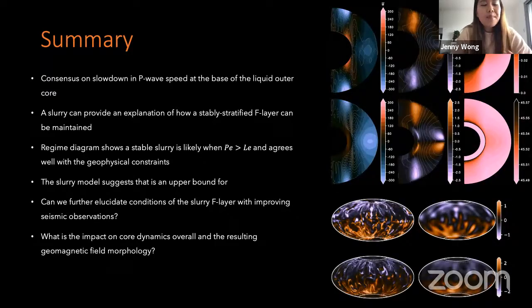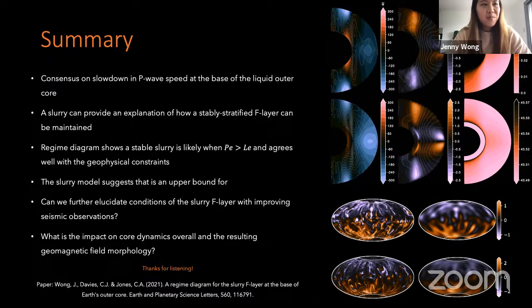And what impact does a stably stratified F layer have on core dynamics overall and the resulting field morphology of the geomagnetic field, which is the subject of the work that I did at IPGP Paris.